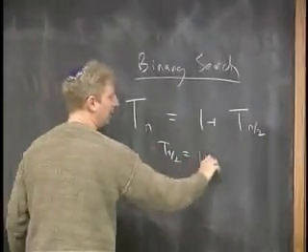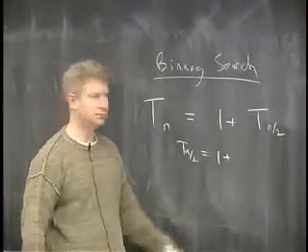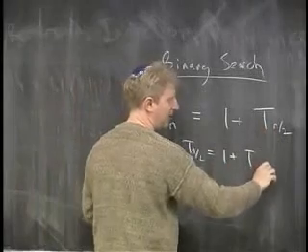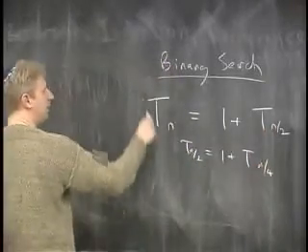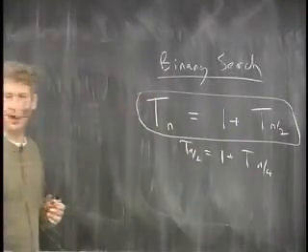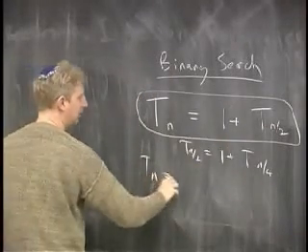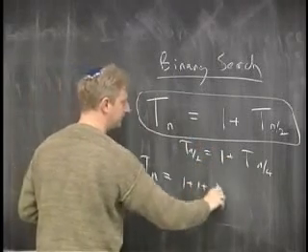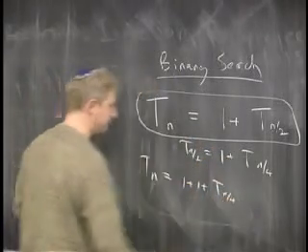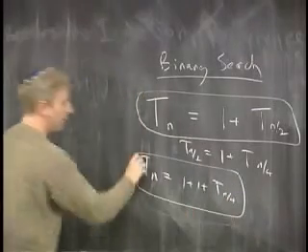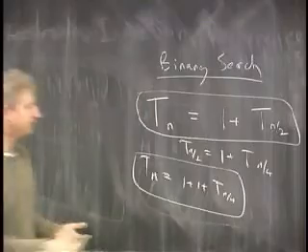And that equals 1 plus T(n/4). n over 2 takes the place of n, so it becomes T of half of n over 2, which is n over 4. And if we take this and substitute back in there, we get T(n) equals 1 plus 1 plus T(n/4). Okay? Now we're going to do this a whole bunch more times.